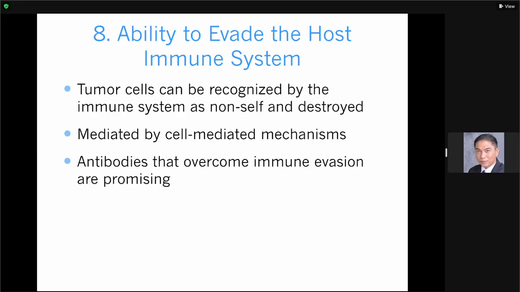Next hallmark is the ability to evade the host immune system. Tumor cells can be recognized by the immune system as non-self and can be destroyed. They can be mediated by cell-mediated mechanisms, although tinitingnan nila kung ang antibodies ay pwede, pero wala masyadong evidence on antibodies silang nakikita sa studies.